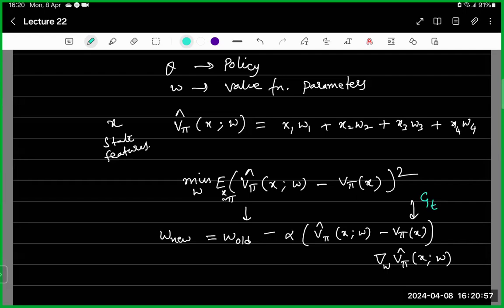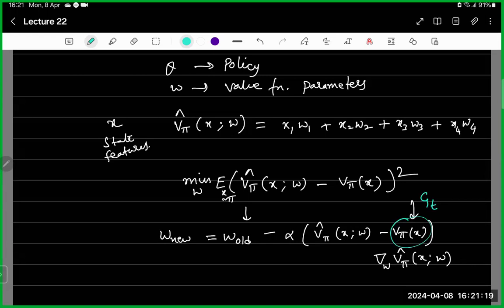Is it clear? Because we'll start with our current policy, run one episode, and get all the rewards. Then we know the GT starting from every t. So then we can just use this gradient there. Instead of V pi, you use GT there.